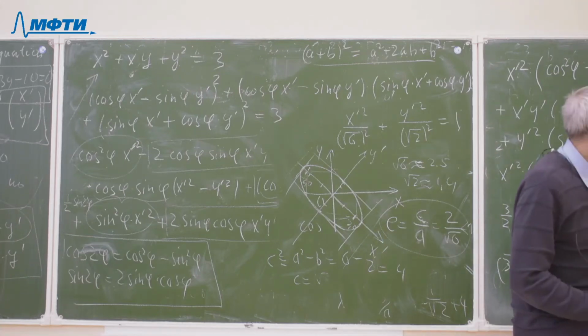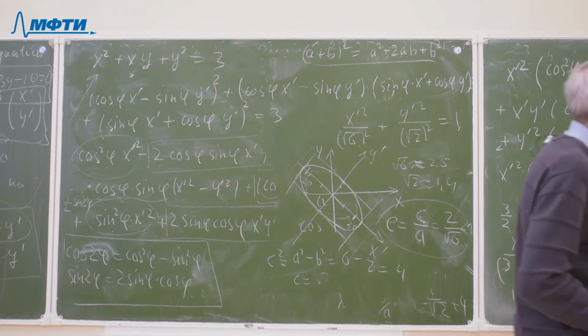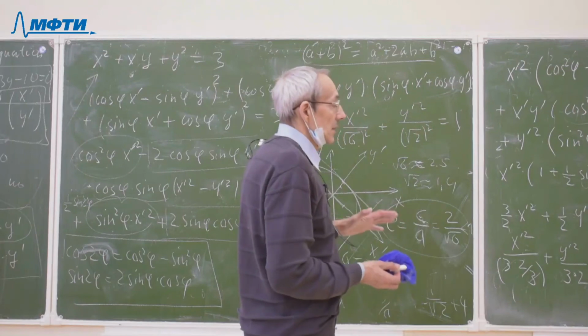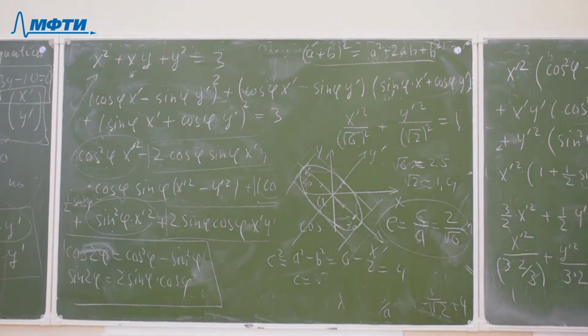We suppose that a is greater or equal b. If a is equal b, we obtain a circle. In other cases, we obtain an ellipse, which is a shifted circle. That's all.